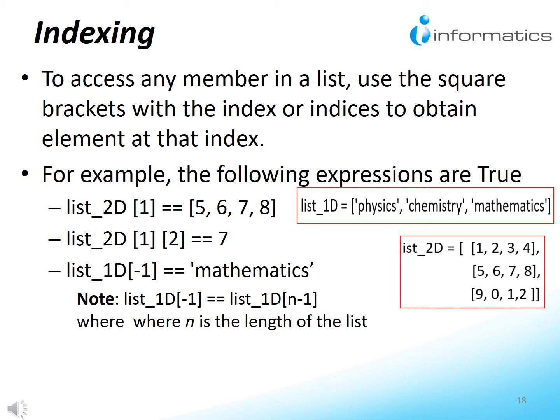For example, list2d[1] returns the element at index 1, which is the sublist [5, 6, 7, 8]. list2d[1][2] returns 7, which is the third element of that sublist. Essentially, list2d[1][2] represents the element at row 1, column 2 in the 2D matrix. list1d[-1] returns the first element from the right side, or the nth element, which is mathematics. Note: list1d[-1] is the same as list1d[n-1], where n is the length of the list.